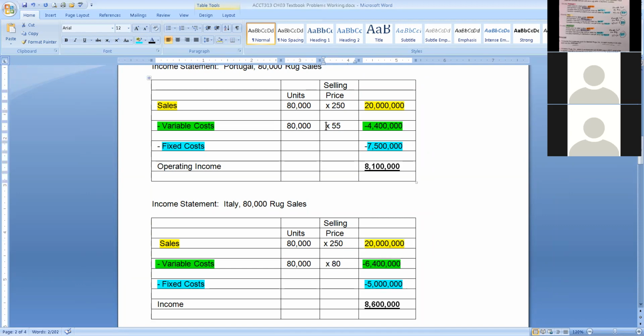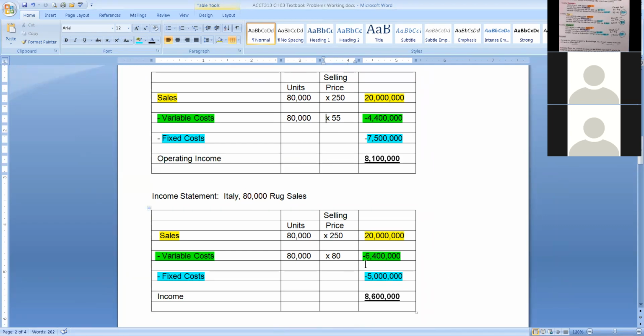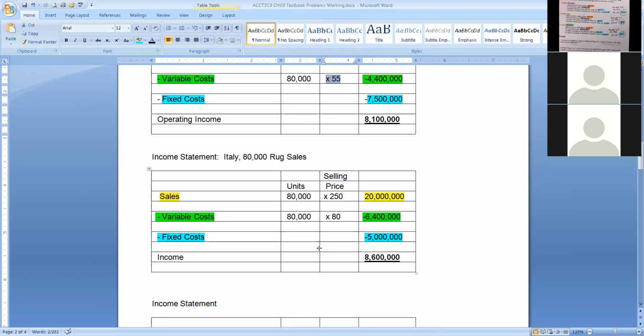You could actually calculate what it would take to get both sides to equal. At some point this one would be the better deal, depending on how many you sell. Now it's not better at 80,000. At 80,000, it's still Italy.